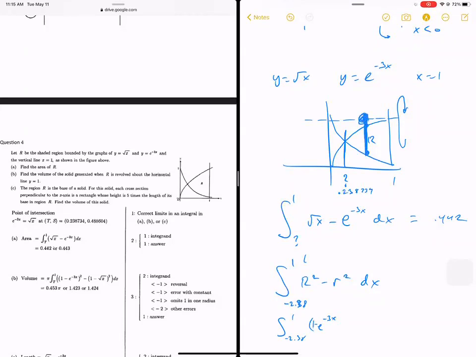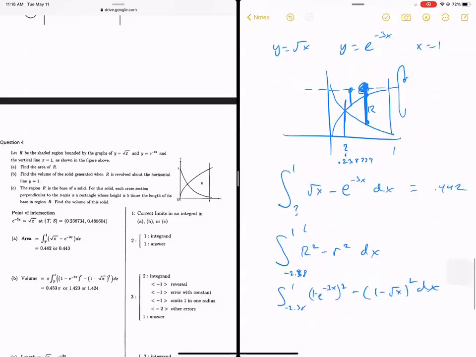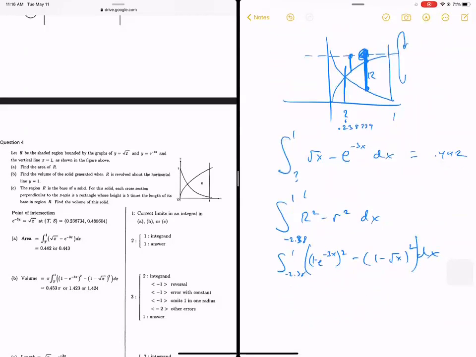So that's going to be 1 minus e to the negative 3x, squared, minus 1 to my second radius, 1 minus the square root of x, squared dx. And that's just calculator work. Okay, outer minus inner.